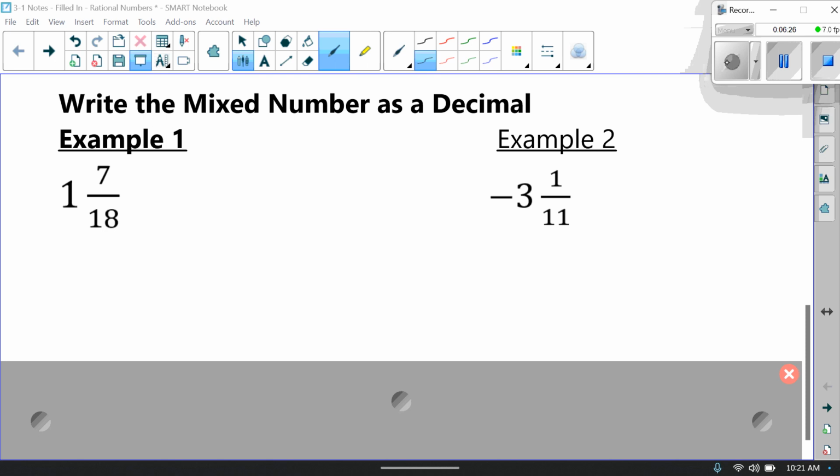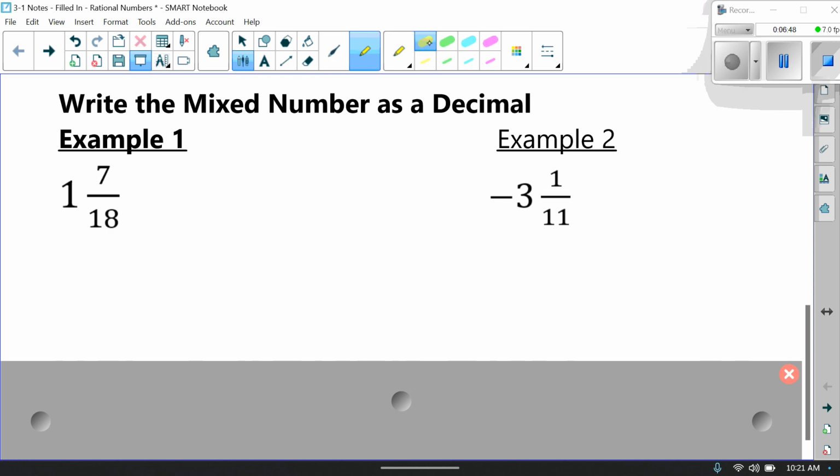So for example 1 and example 2, we are going to write the mixed number as a decimal. Okay? So there are several different ways that we can do this. And last year, I talked to you about changing them to improper fractions and then doing the division. But today, I'm going to show you this.